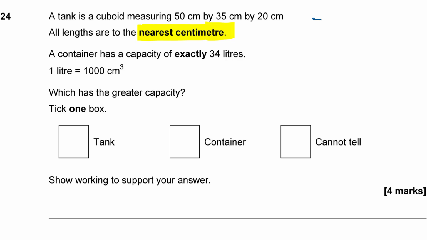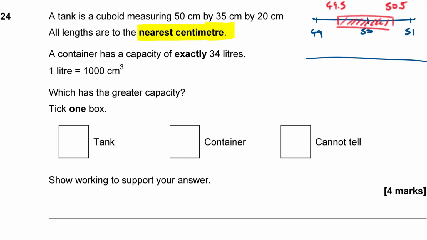But anyway, you can imagine a scale with 50 written on it. 1 centimeter above is 51, 1 centimeter below is 49, same as I did earlier. So all the numbers which are halfway between those or closer to 50 round to 50. So our 50 is actually going to be anywhere in there, isn't it? It could be as low as 49.5, it could be as much as 50.5. Similarly, the 35: 35, 36, 34, halfway between.